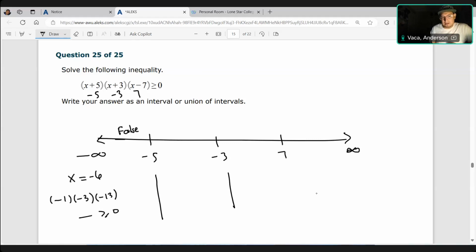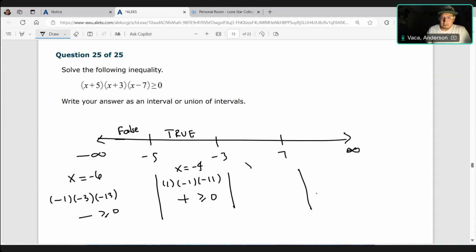Let's check out what's going on here. Let's use -4. -4 plus 5, that's 1. -4 plus 3, that's -1. -4 minus 7 is -11, and this is a positive number, and a positive number is greater than 0.